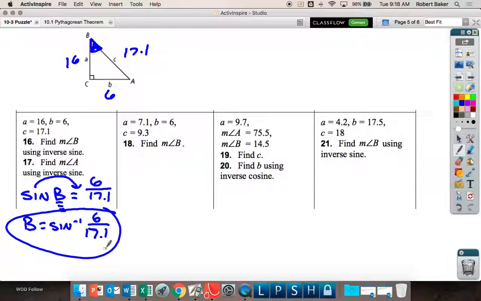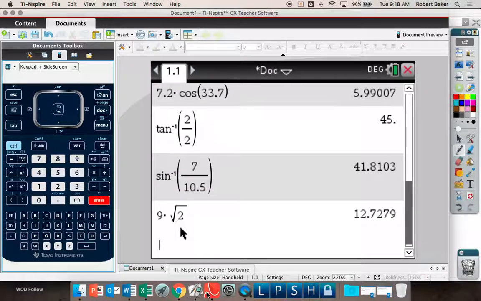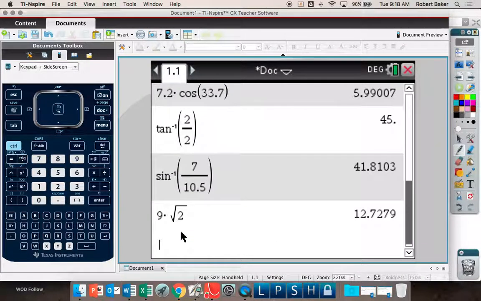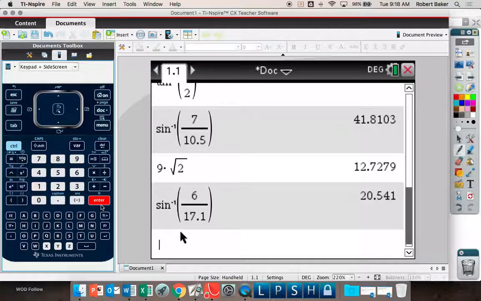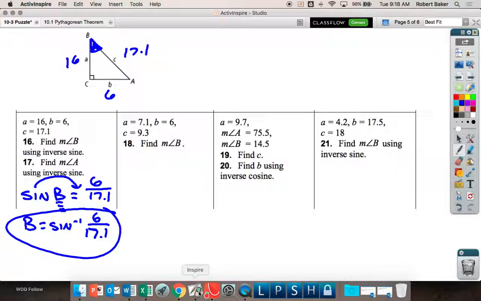Let's type it in and see what we get. Trig, solving for an angle, use the inverse, 6 divided by 17.1. Is that correct? Boom, 20.5. So B is 20.5.